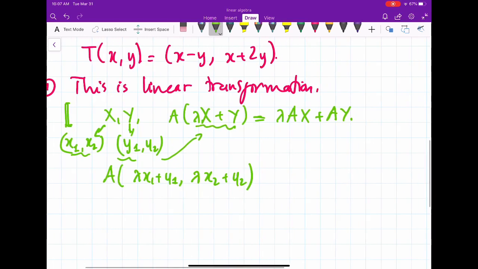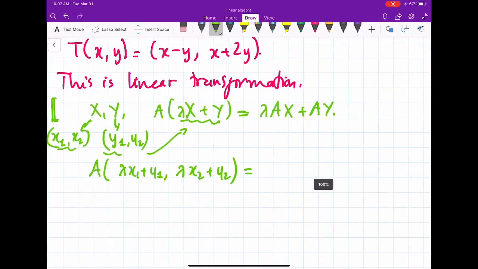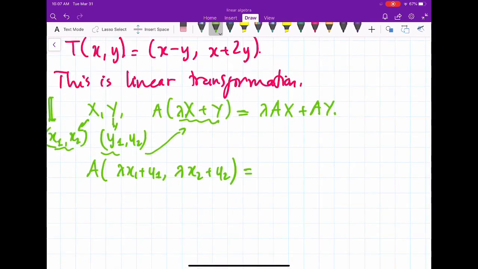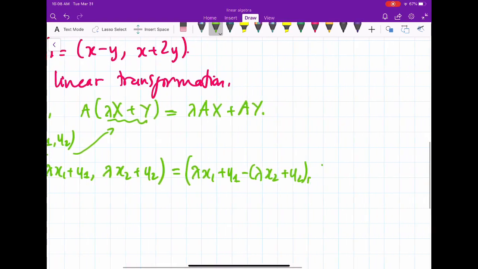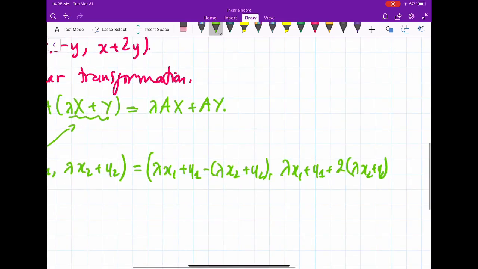And by the definition of this linear transformation, that is (lambda x1 plus y1) minus (lambda x2 plus y2). That is the first coordinate, right? The second one is x plus 2y, so I have (lambda x1 plus y1) plus 2(lambda x2 plus y2).